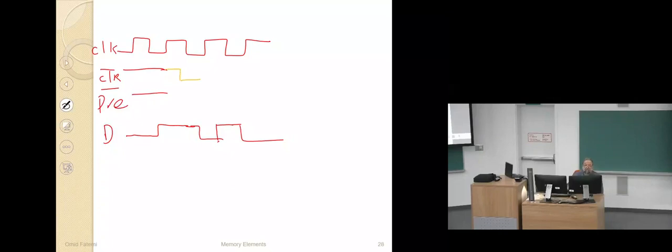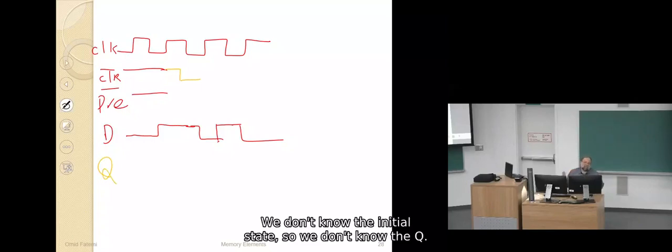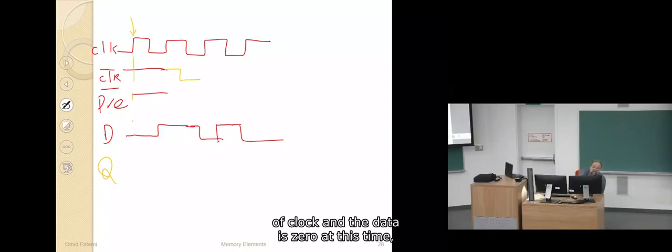And the clear, let's say clear becomes 0 at this time. And we have also Q. So at the beginning, we don't know the initial state, so we don't know the Q. But from the moment that we have a rising edge of clock and the data is 0 at this time, Q becomes 0.